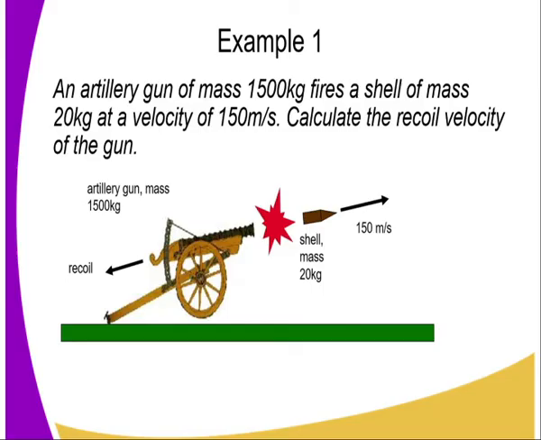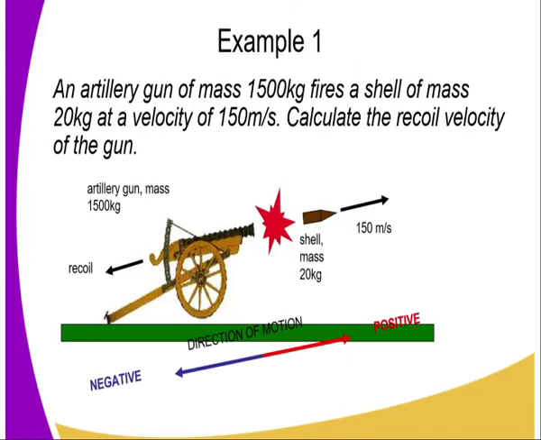The shell moves in a given direction, which is considered to be positive, and therefore the gun itself, since its momentum is conserved, must also move in the opposite direction for momentum to be conserved. That is, the direction of motion of these two bodies must be considered. One is considered to be positive, while the other is considered to be negative.